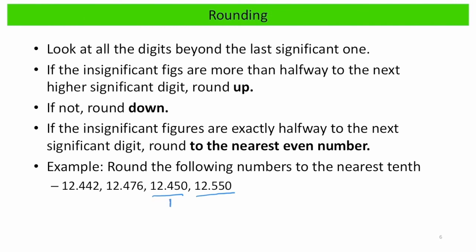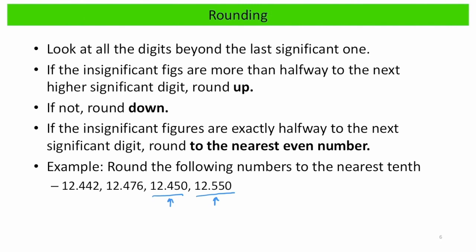Right? We look beyond this 5, we have another 5. Right? So it's exactly halfway in between 2 numbers. So like I said, it's very, very rare for this to actually happen because there's probably going to be other digits after the last 0 in that case. But if you do end up with something like this, the rule is that you're always going to be rounding to the nearest even number.